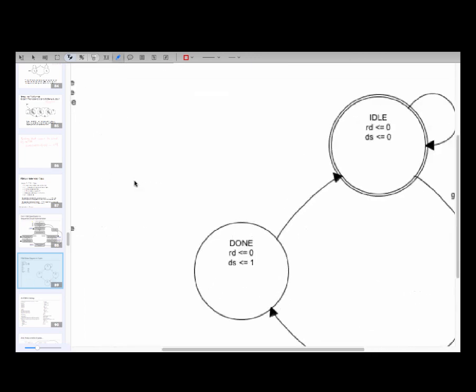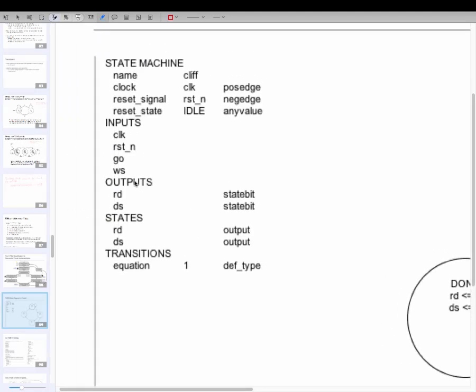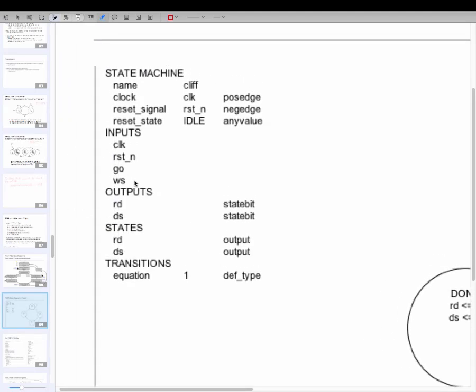When you work in FSM, you tell it the name of the state machine, what the clock signal is, and whether there is a reset signal. The reset signal automatically takes the state machine to the initial state. So it asks: is there a reset signal? If so, what is the name? And when reset is asserted, which state do you want to go to? What are the inputs? I have clock, reset_n, go, and ws. What are the outputs? RD and DS.